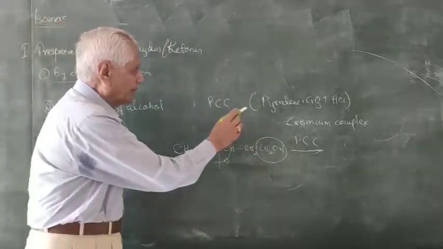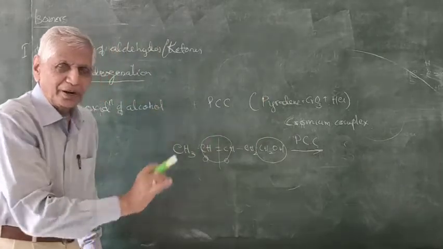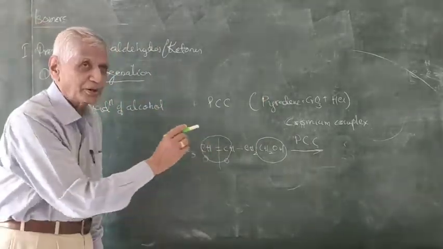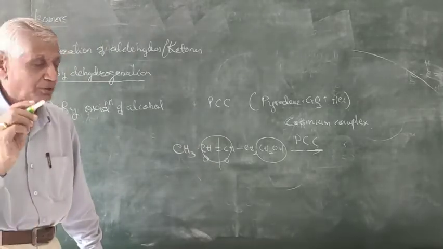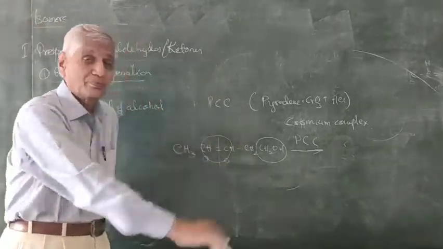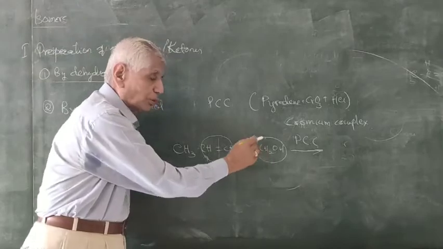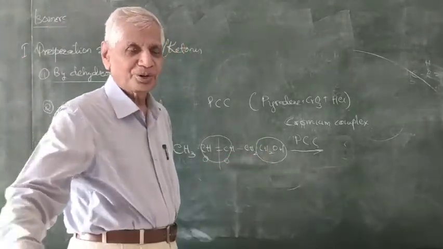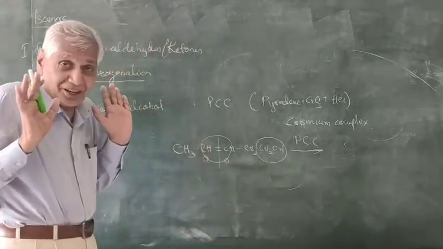This is called PCC, pyridinium chlorochromate. So this is a particular oxidizing agent which will oxidize only the alcohol group. Here it is a primary alcohol group. So this primary alcohol group converts into CHO. Double bond remains as it is.